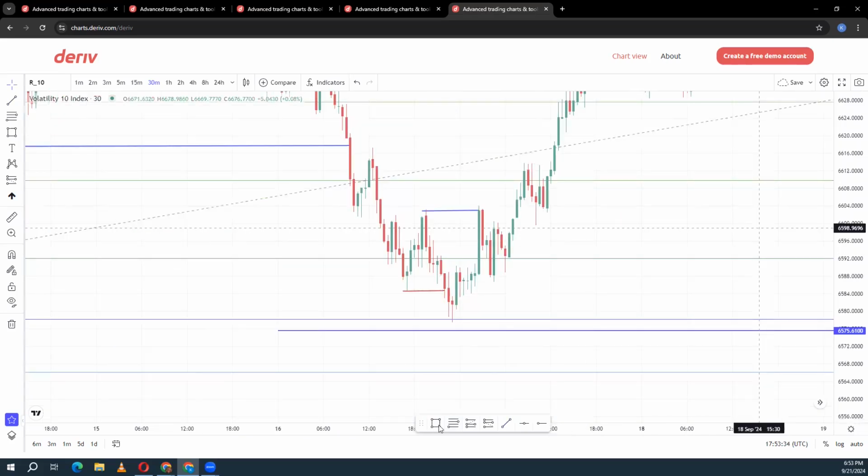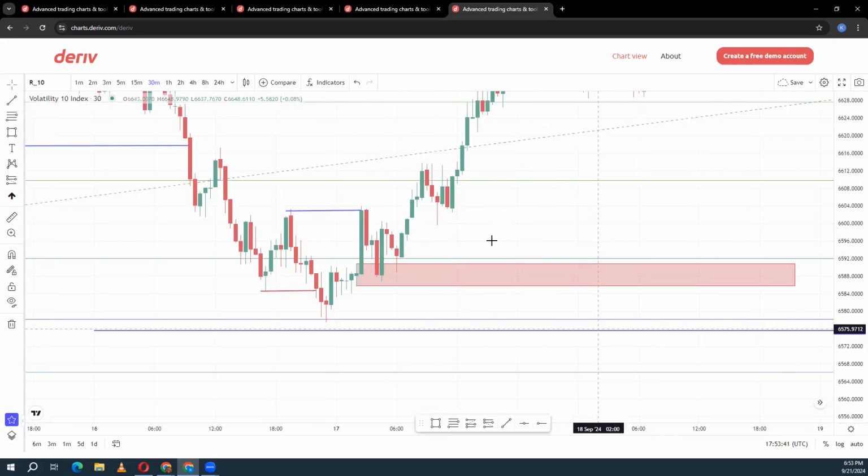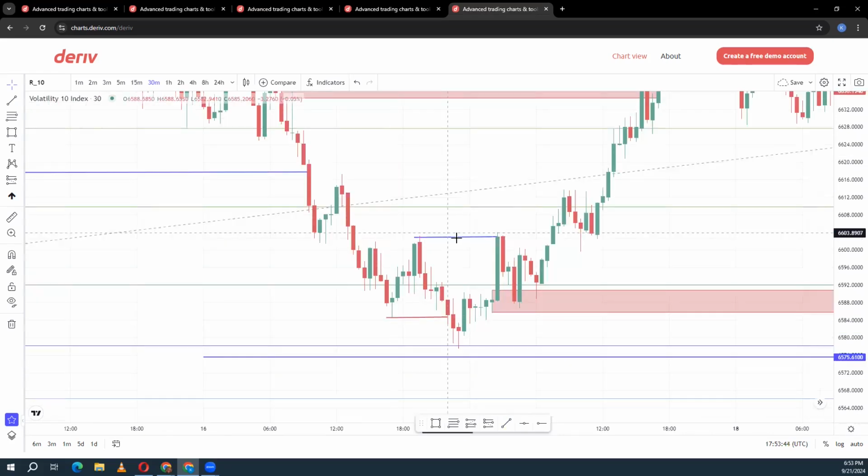You would have gotten into this trade. Because after the low was taken out, this high was taken out as well. And it came for the demand zone.